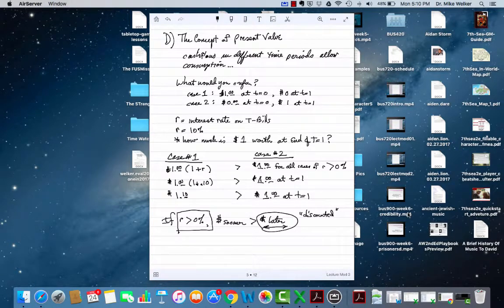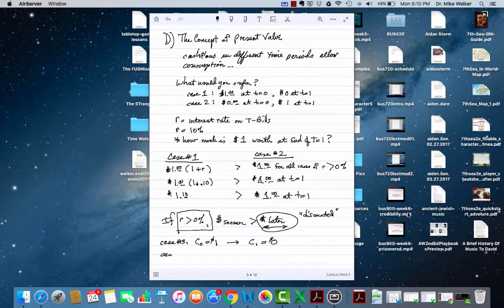So which case do you prefer now? Let's go case 3. Following cases here: $1 at time period T0, so cash in time period 0 is $1. Compare that to $0 at time period 1, so cash in time period 1 is 0.